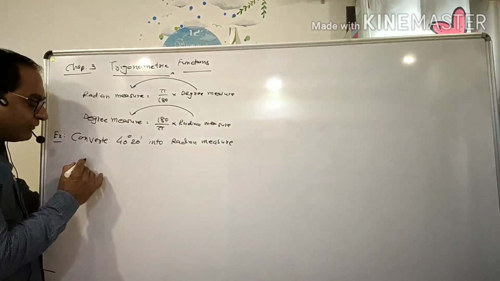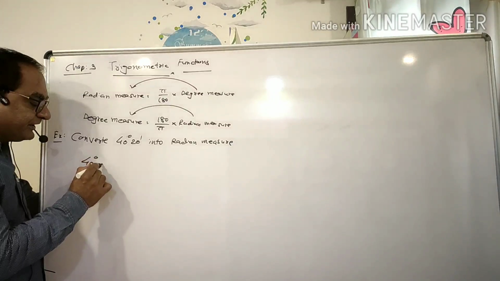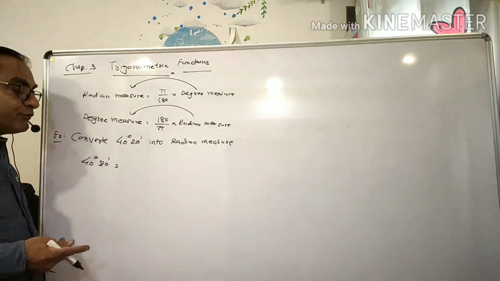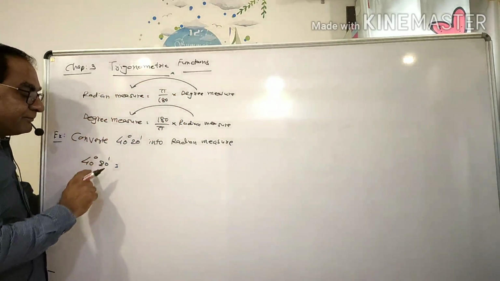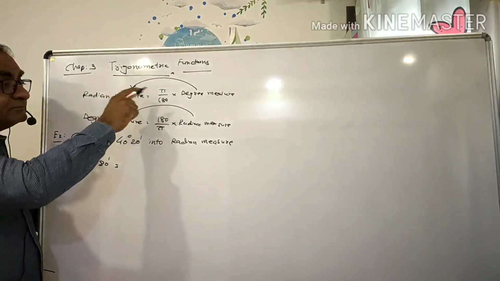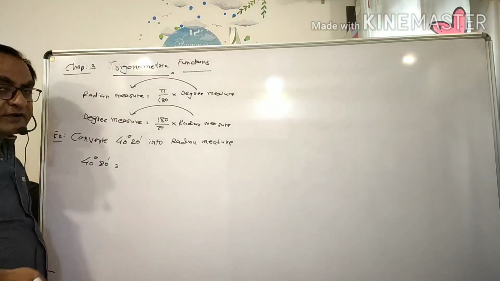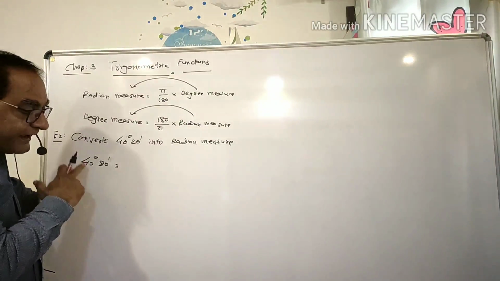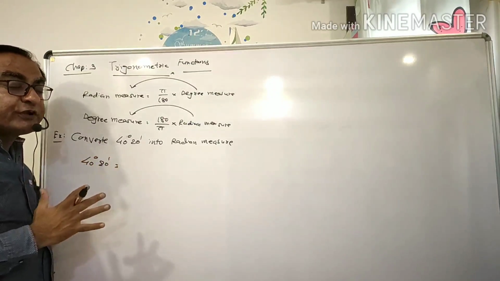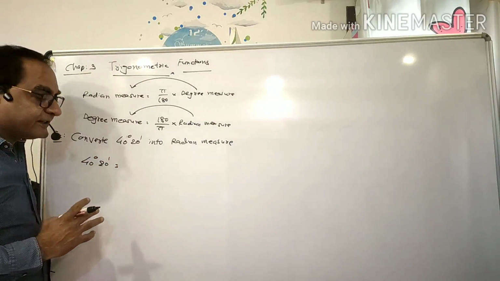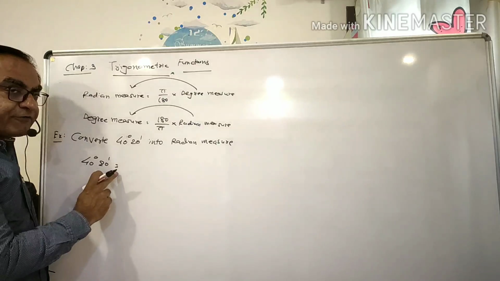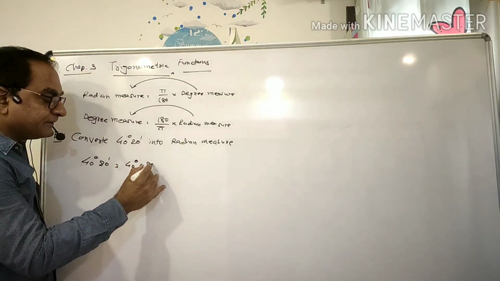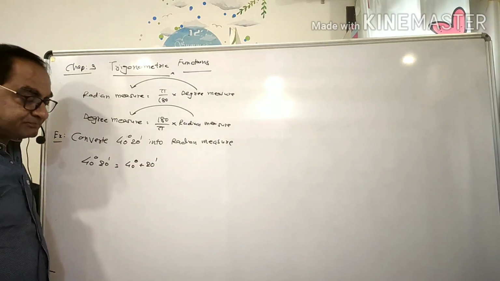Here I am just writing down the angle, 40 degree 20 minutes. We have a conversion from degree to radian, but it does not include minutes. So first we will convert the whole angle in terms of degree. How can we do that? Here 40 degree 20 minutes means we can write 40 degree plus 20 minutes.